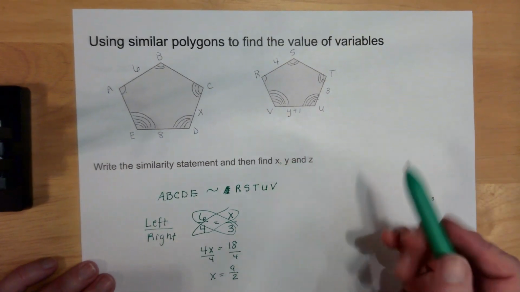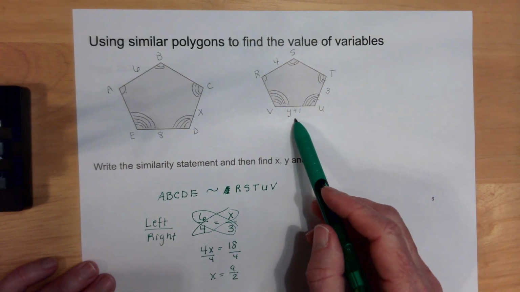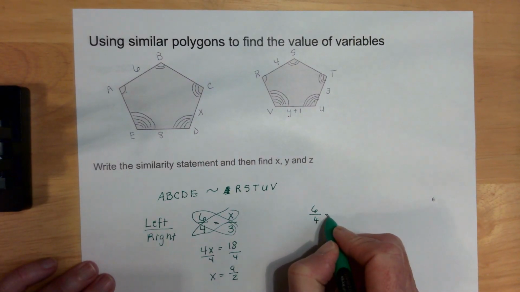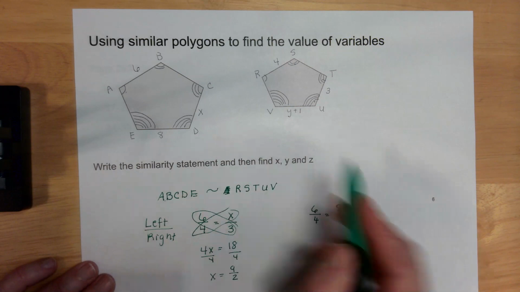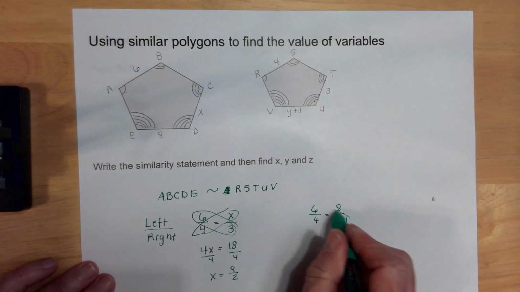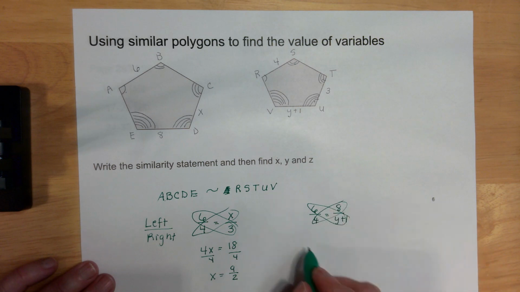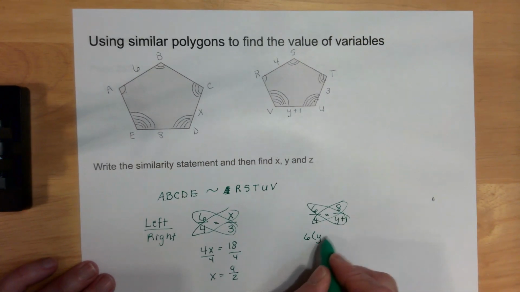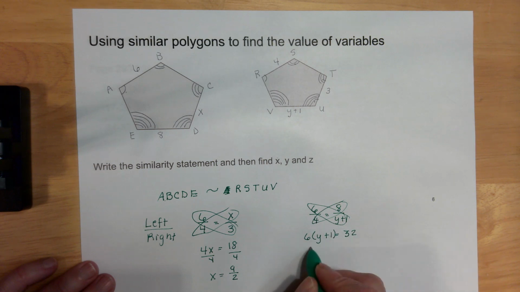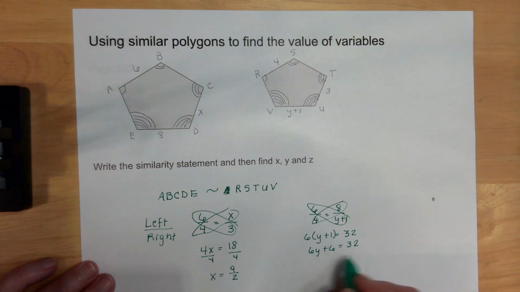So that's my x. My y is down here at the bottom. So again, I can do 6 is to 4 as 8, because it's on the left one, is to y plus 1. I cross product. I have to do the distributive property on this one. So I have 6y plus 6 is equal to 32. I'm going to subtract 6 from both sides.